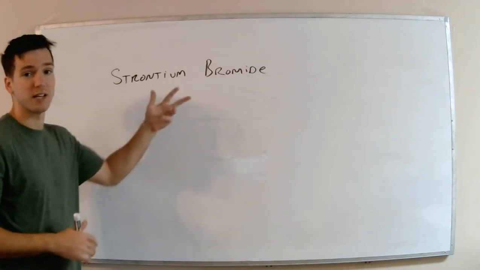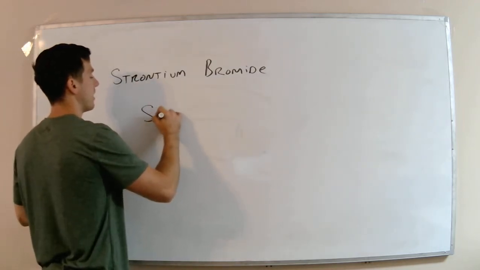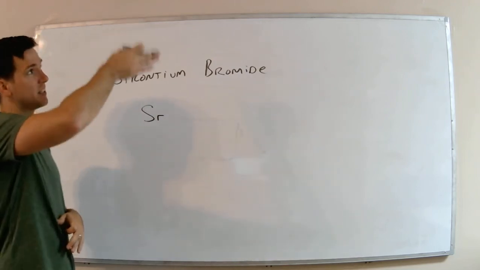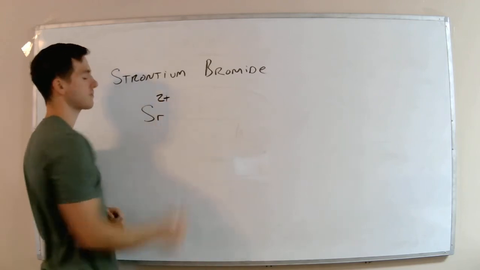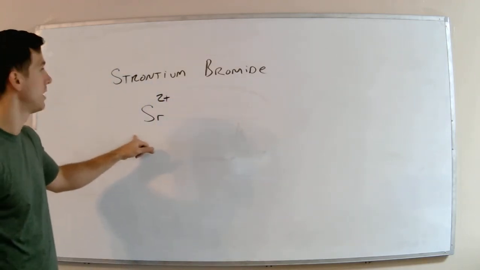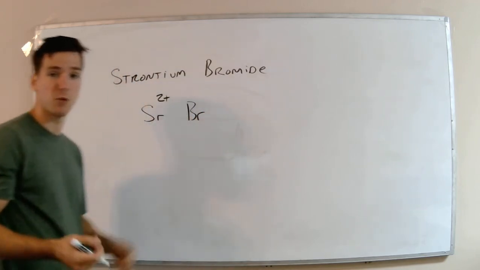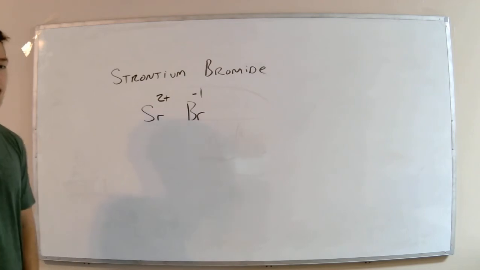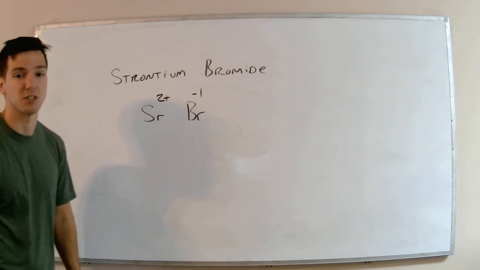So when I see something like strontium, I go ahead and put its symbol and its charge. Strontium is in the second column, so it's got a 2+ charge. It's an alkaline earth metal. And then I do bromine, which is Br. Bromide comes from bromine, and bromine is a halogen, so it's got a -1 charge. Then you just have to make sure that the charges are balanced. All of our compounds are going to be neutral.